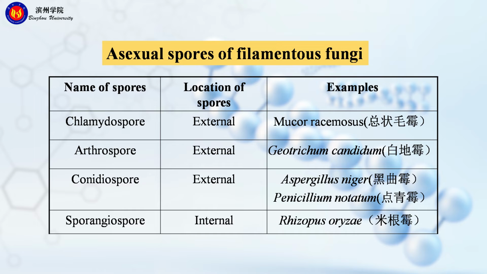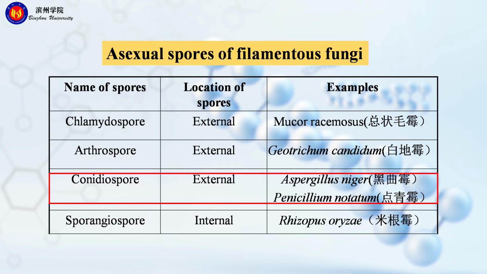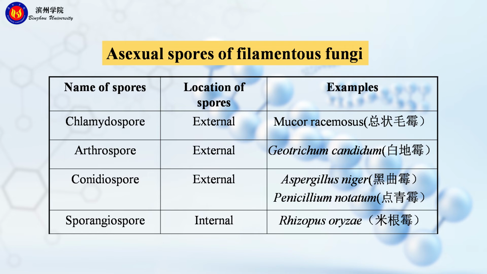And you can see arthrospores. Geotrichum belongs to arthrospores and conidiospore. The famous Aspergillus niger and Penicillium notatum belong to conidiospore. And the last is sporangiospore, such as Rhizopus.